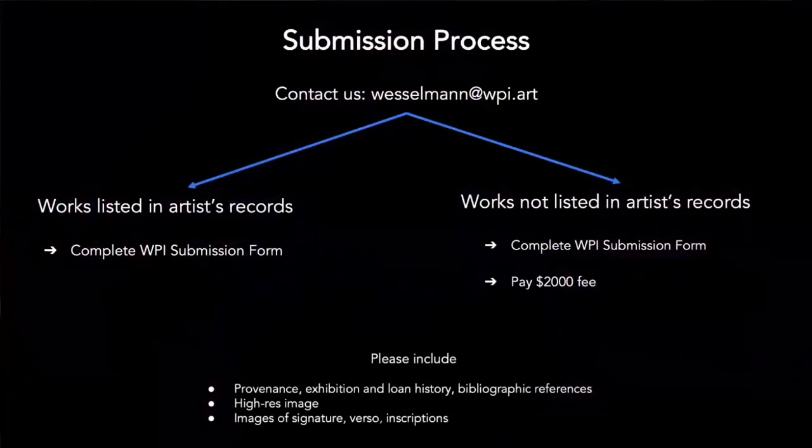If the work is not currently listed in those records and it does not appear on the corpus in black and white, you need to submit the WPI submission agreement as above, but then you also need to submit a $2,000 inclusion request fee that will cover the research necessary to work on a work that is not included in the artist's records as of yet.